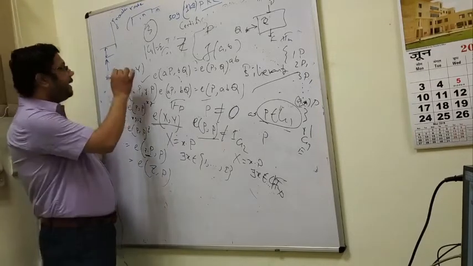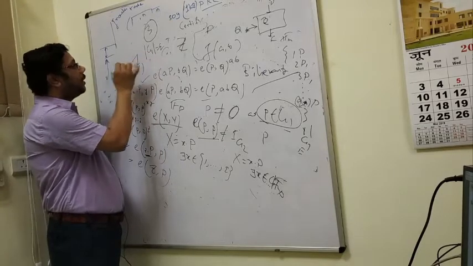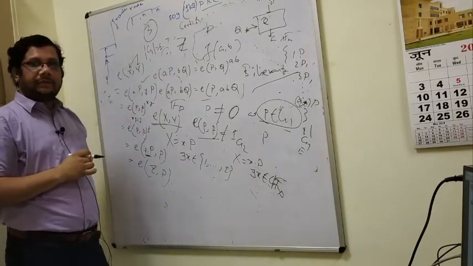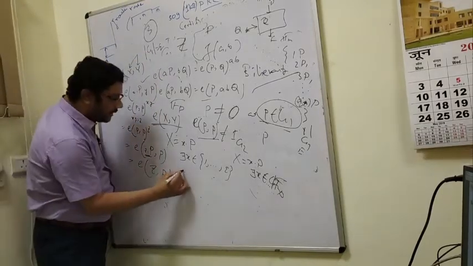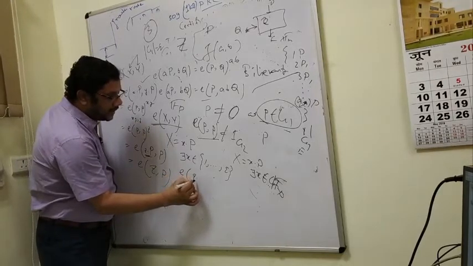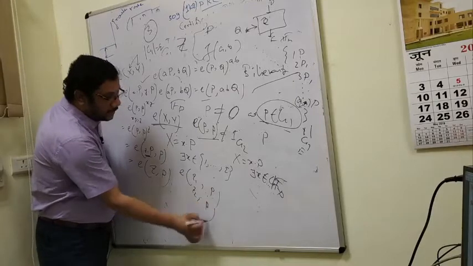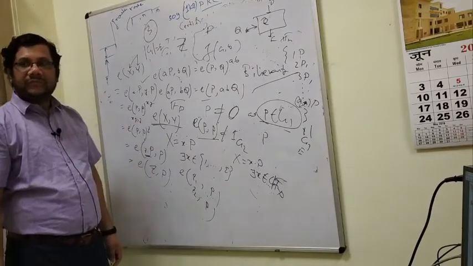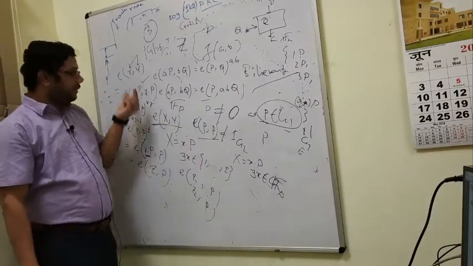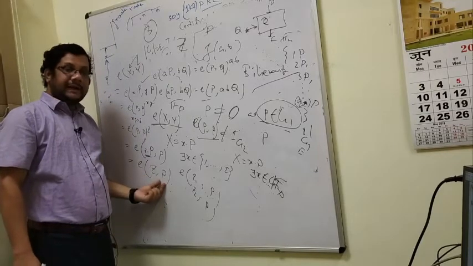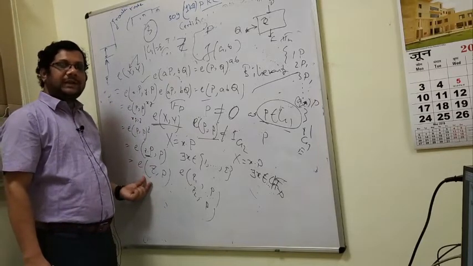So, if I take all combinations of the points x and y on the elliptic curve, that means you are taking all combinations of z, z1, z2, etc., where the right hand side is always p. Is it not true? All combinations of the point, meaning I can just fix the right hand side and take all points on the elliptic curve.